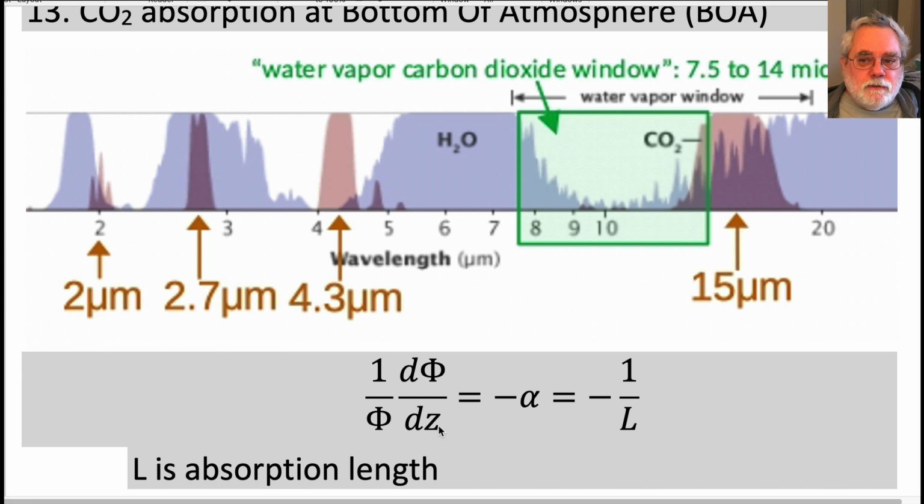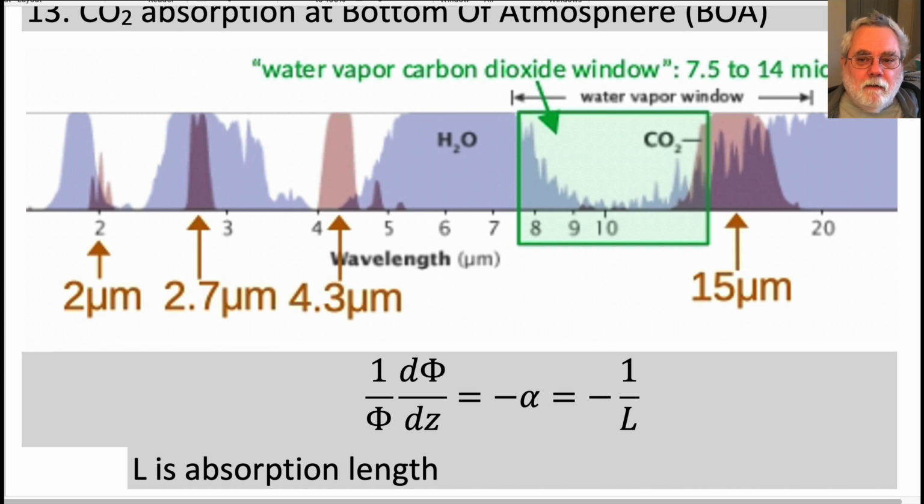Z is distance through the medium, in our case, height from Earth's surface, so altitude. Alpha is the absorption coefficient, with dimensions of 1 over length. And L is the absorption length, with dimension of length.